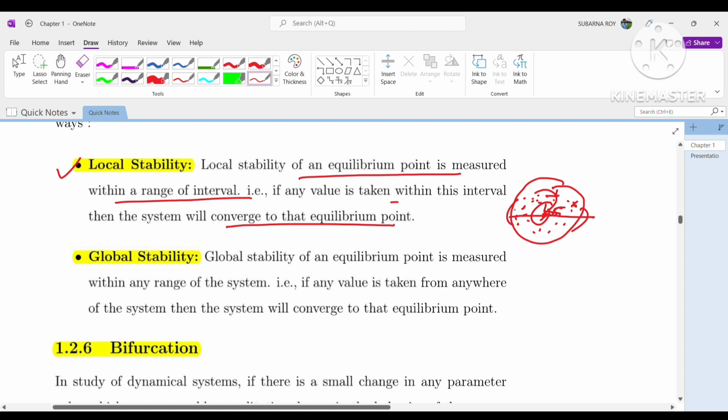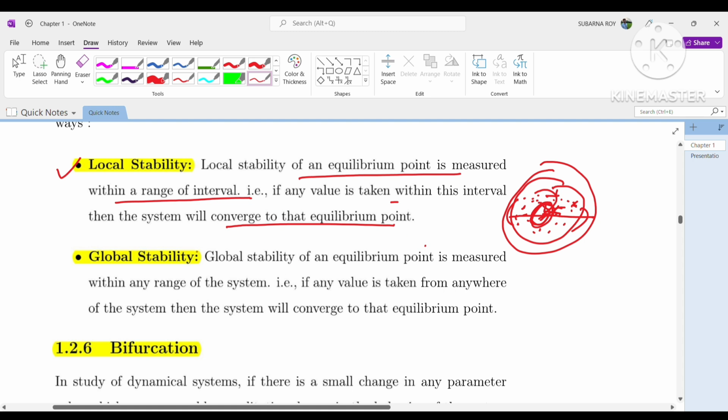So for local stability behavior of an equilibrium point, there exists a region from which, if we choose any initial condition, the solution trajectory converges to the equilibrium point. Then we call this particular equilibrium point locally stable.